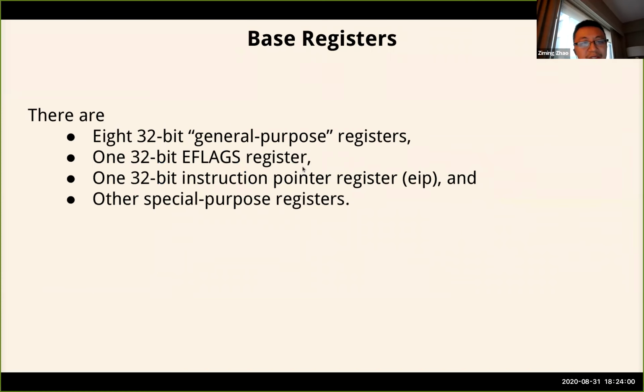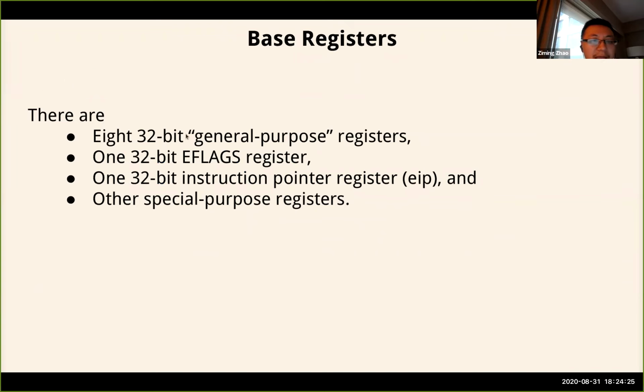For x86, there are several base registers. You'll need to remember those base registers because you will need to read the disassembly code. And there are many system registers as well, but for this class, we're not doing much kernel level hacking, so we will not talk about those system registers.